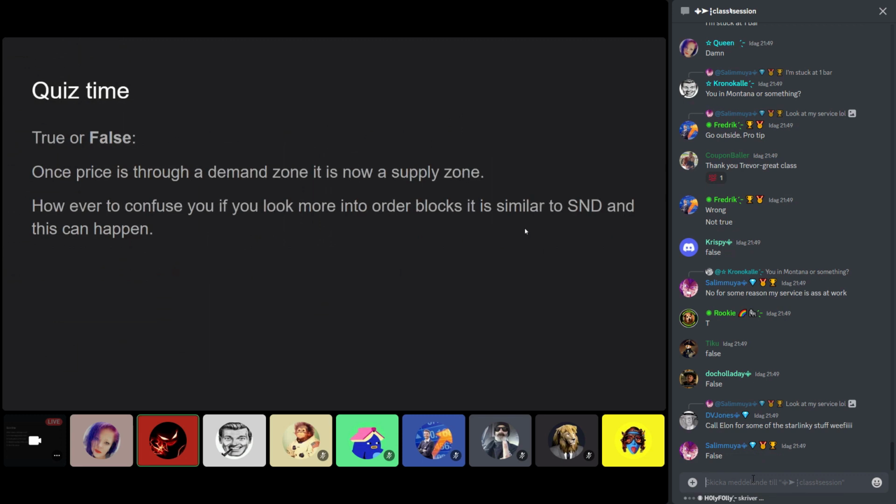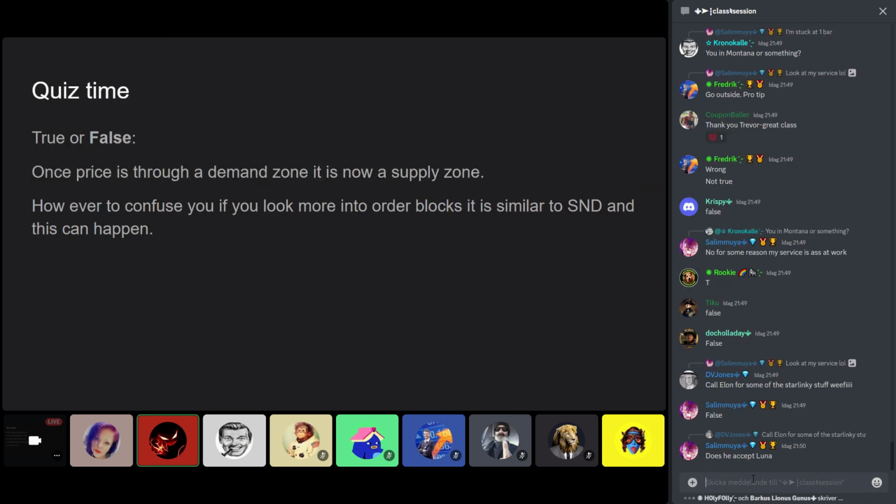So a demand zone does not become a supply zone. Can it happen in theory? Yes, it could, but it would require a new zone being created on top of the old one. However, there is something else called order blocks. If you start to look into order blocks, they are extremely similar to supply and demand, but order blocks can have this flip happen.